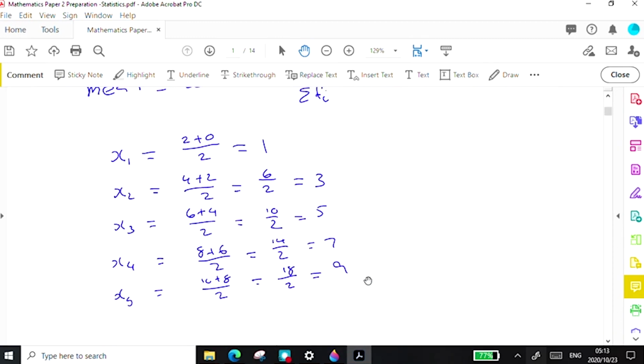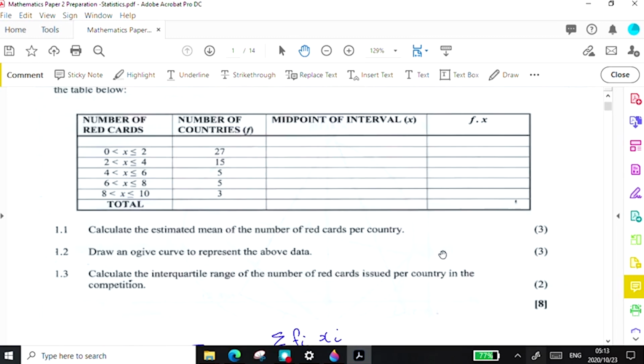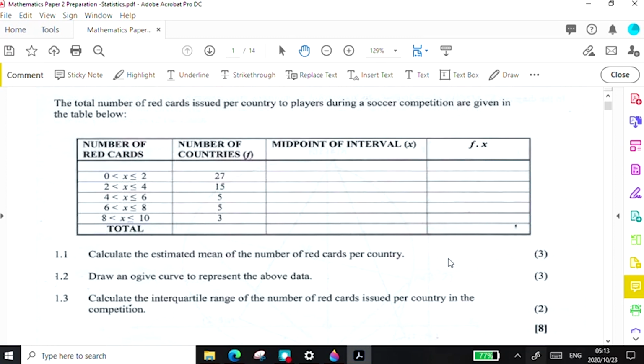So our midpoints are 2 plus 0 divided by 2, which is 1. 4 plus 2 divided by 2, which is 3. 6 plus 4 divided by 2, which is 5. 8 plus 6 divided by 2, which is 7. 8 plus 10 divided by 2, which is 9.